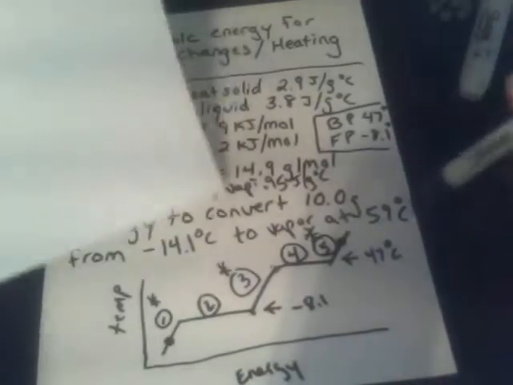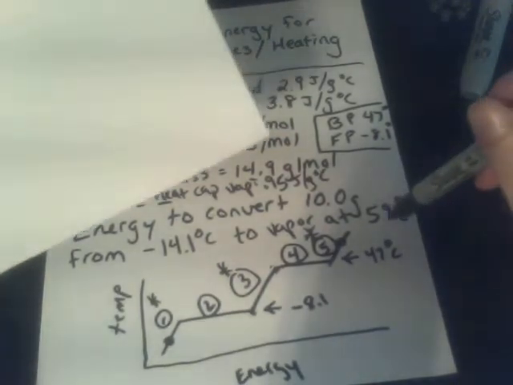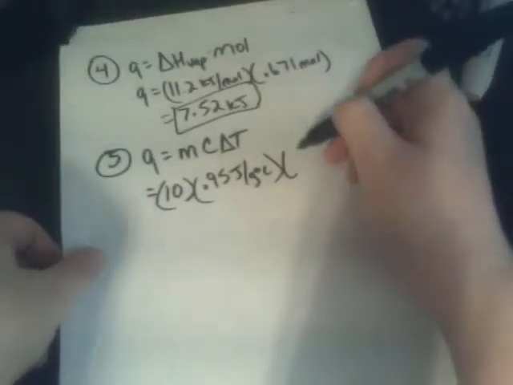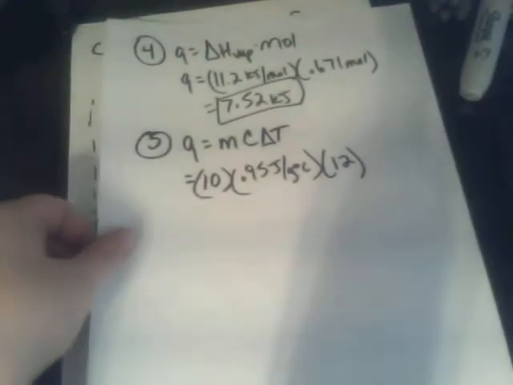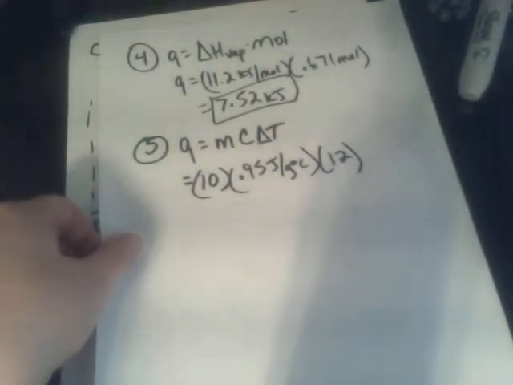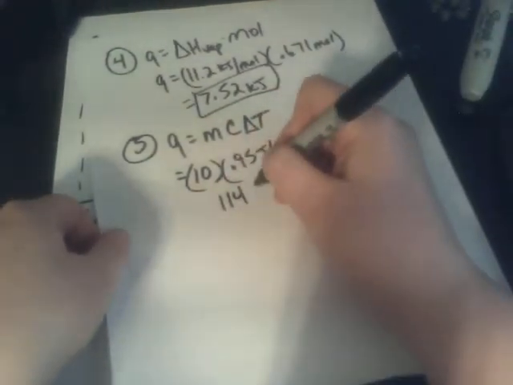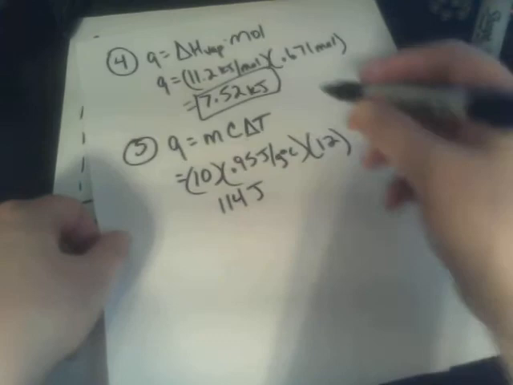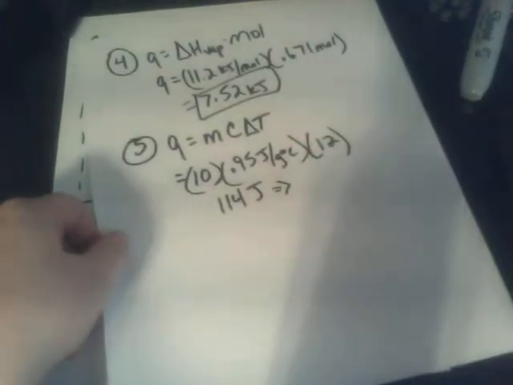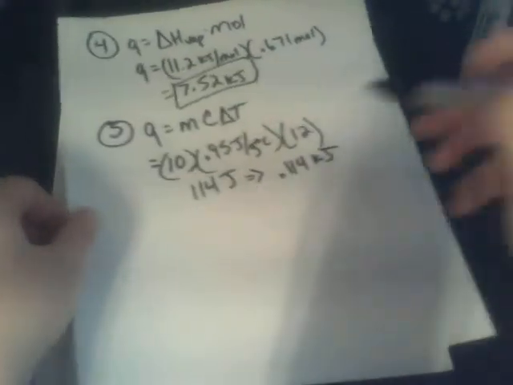And my change in temperature, well, I'm going from 47 to 59. We can do that one in our heads. We're going to increase it by 12 degrees, right? So 12 times 0.95 times 10, that's going to be 114 joules, which is the same thing as 0.114 kilojoules.